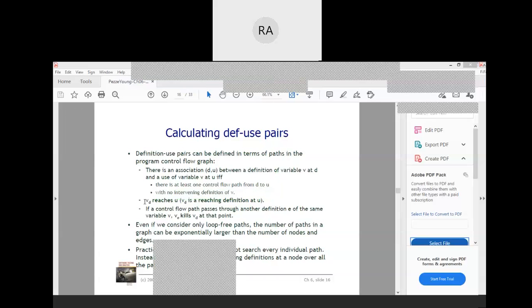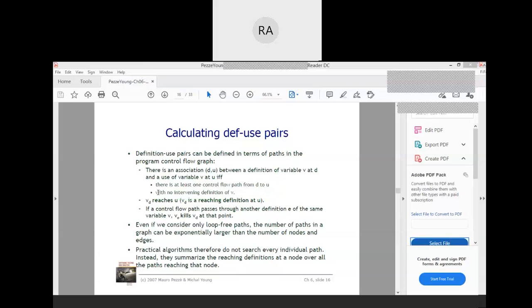That means VD reaches U. What is VD here? The definition of variable V that reaches the use of variable V. In other terms, VD becomes the reaching definition at U.